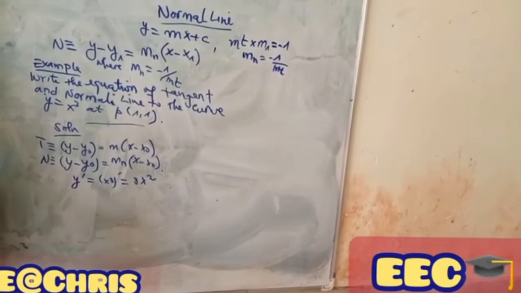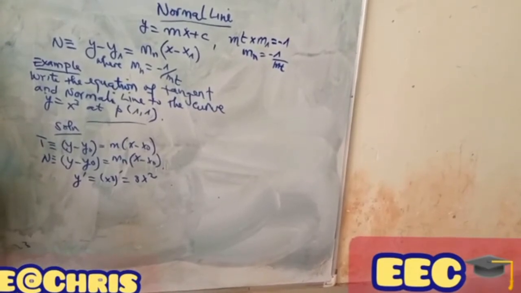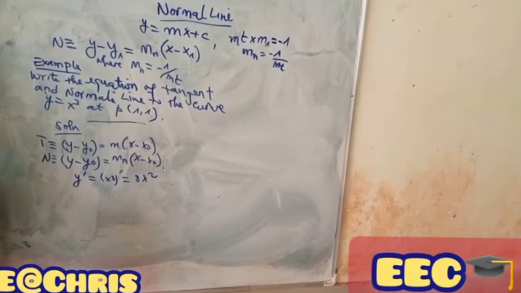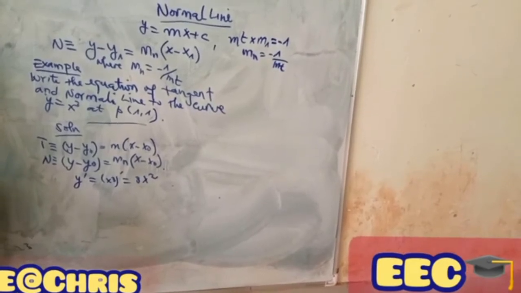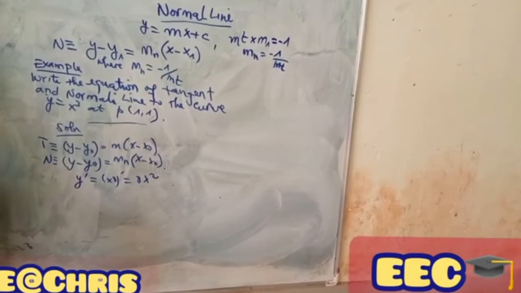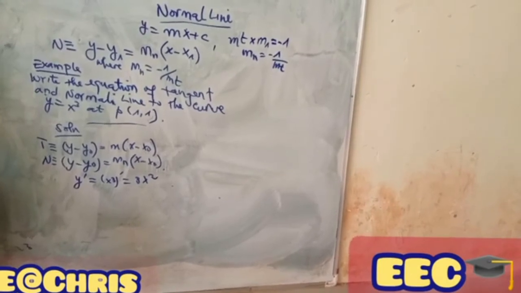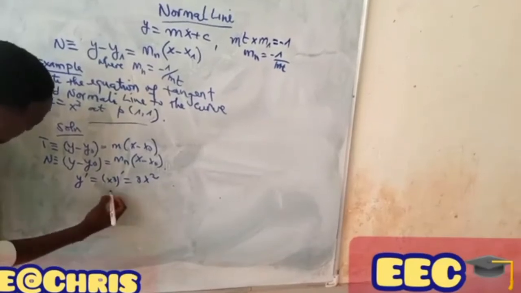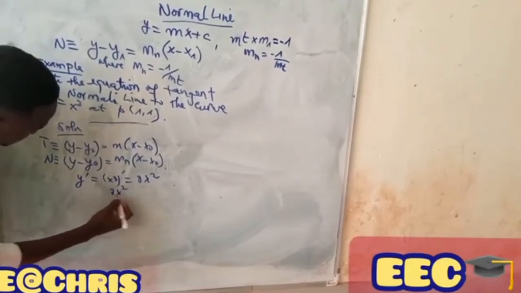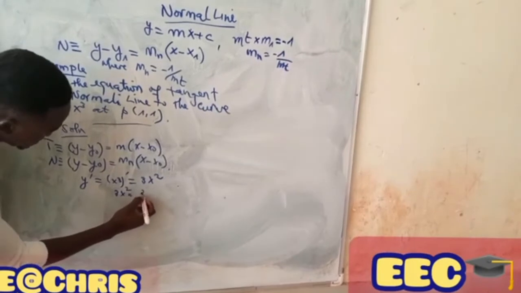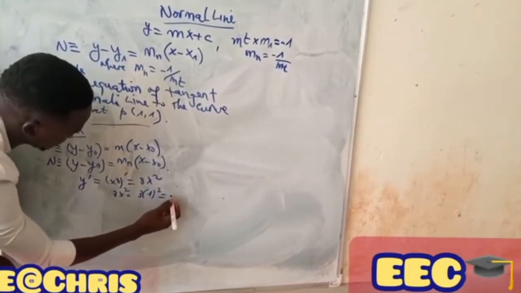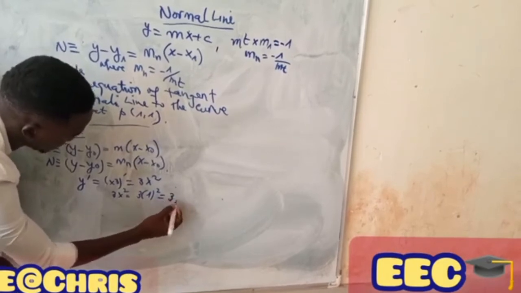After computing the derivative of the given function, you have to replace the value of x in it in order to get m. So 3x squared becomes 3 times 1 squared, which is equal to 3.